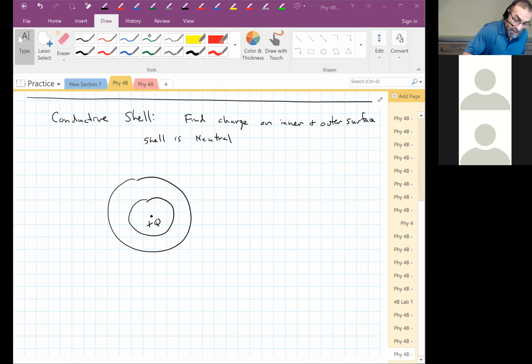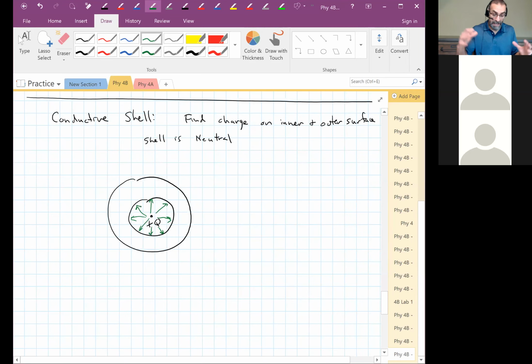So inside our shell, inside the cavity, it fills the space with an electric field. The negative charges are brought to the innermost surface, so we're going to end up with some net charge on that inner surface. They're going to leave some positives behind.